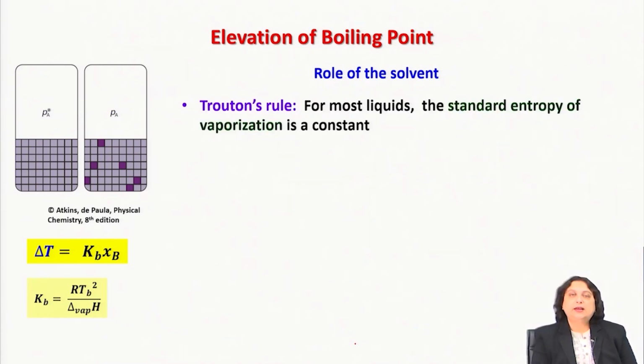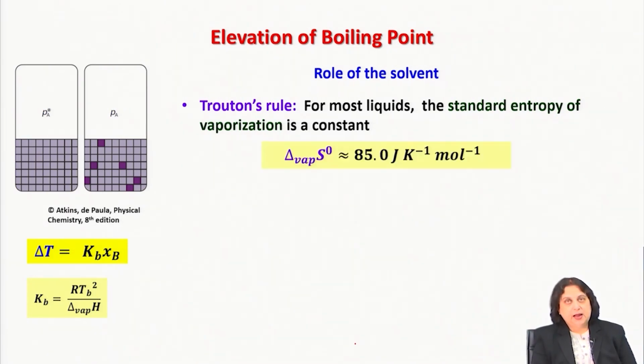You would remember that we have discussed Trouton's rule in an earlier lecture, and the rule states that for most liquids, the standard entropy of vaporization is a constant. And in general, experimentally, it is found that the standard entropy of vaporization for most liquids is given by 85.0 joules Kelvin inverse mole inverse.